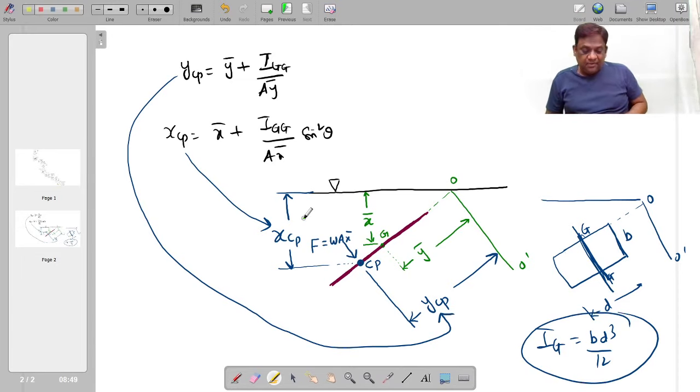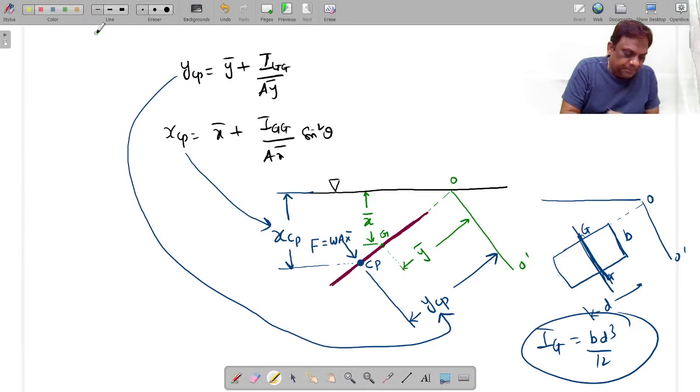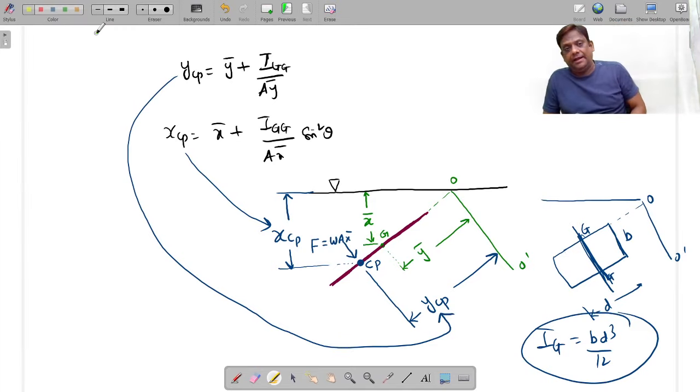From here, now we'll go to vertical and horizontal plane surfaces. This x bar gives us the position of, then pi by 64 d power 4.